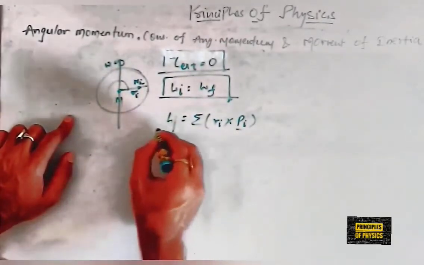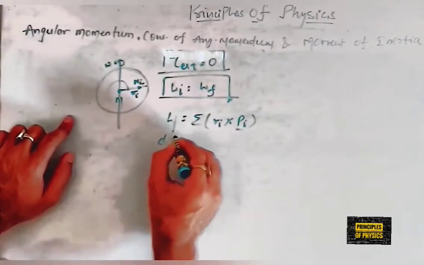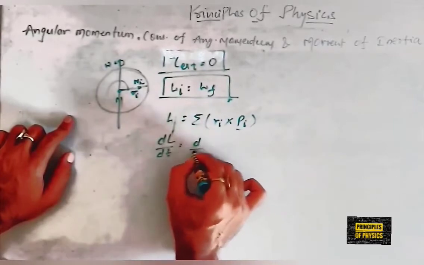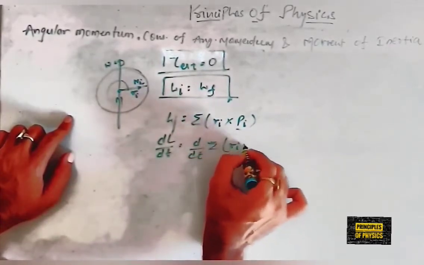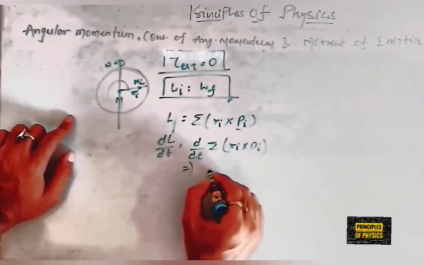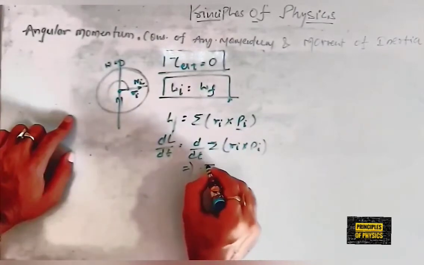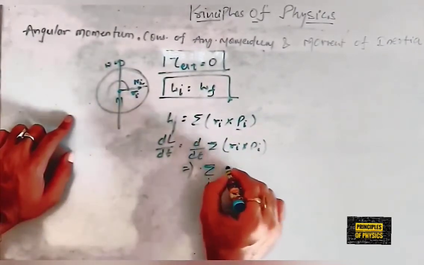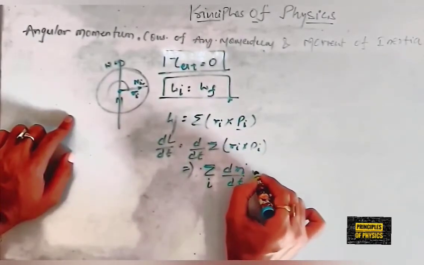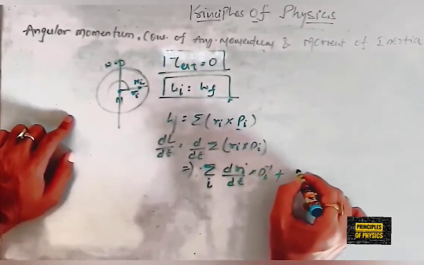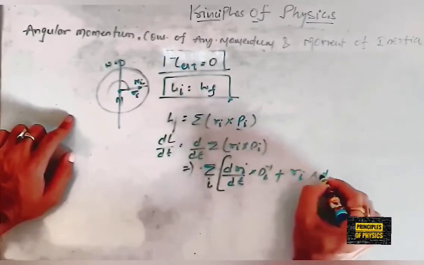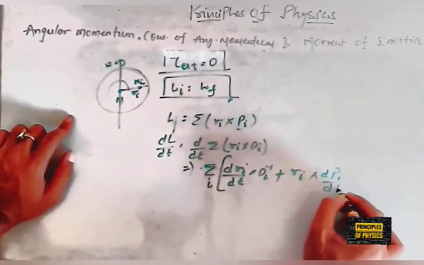So on differentiating with respect to time, we will find that it can be written as the summation of dri by dt cross pi plus ri cross dpi by dt.